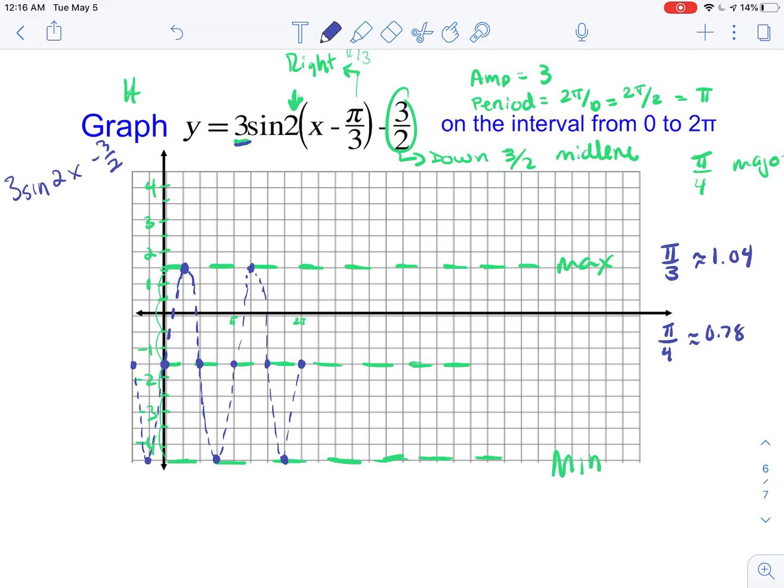Okay, now assuming that each box is equal to pi over 4, which is approximately 0.78, we need to go one box and a little bit on our shift. So I'm going to do that. I'm going to take every point and shift it one box and a little bit. One box and a little bit, one box and a little bit, and I continue.